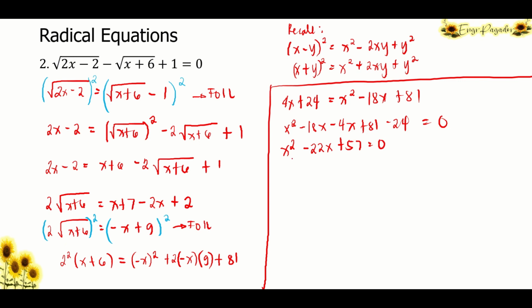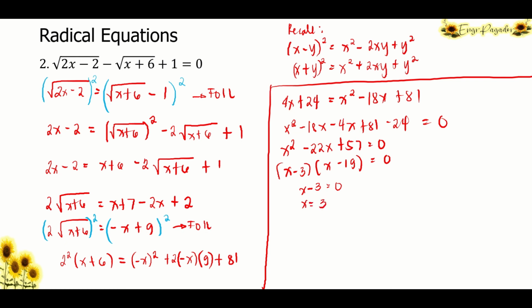So, let us factor out this one. Get the factors of this trinomial. So, the factors of this trinomial will be x minus 3 and x minus 19 equal to 0. So, if you're going to solve for the values of x, dito muna tayo, x minus 3 equal to 0. So, transpose lang natin si numerical coefficient to the other side.